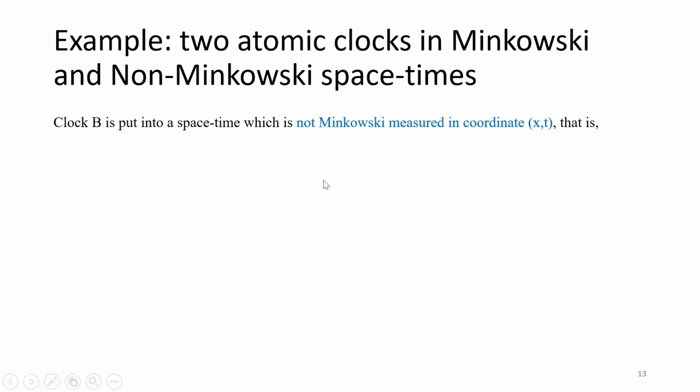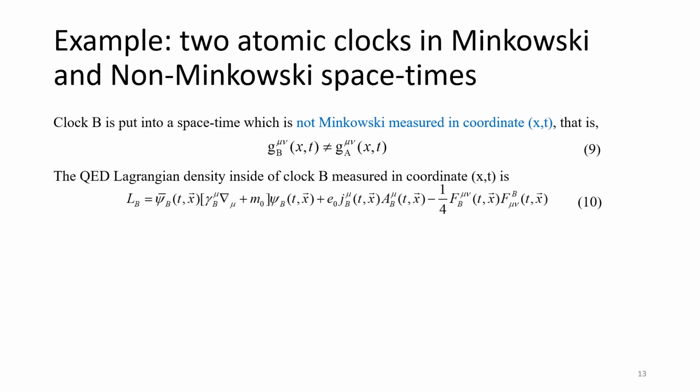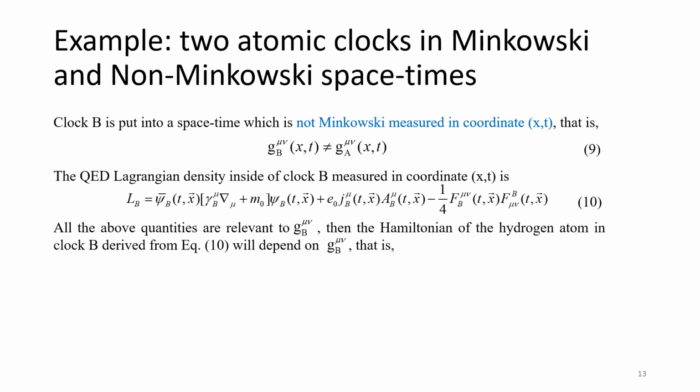Clock B is put into a spacetime which is not Minkowski, measured in coordinate xt. That is, the QED Lagrangian density inside of clock B measured in coordinate xt is given by this formula. So now you can see here, it becomes a covariant derivative. All the above quantities are relevant to GB. Then the Hamiltonian of the hydrogen atom in clock B derived from equation 10 will depend on GB.